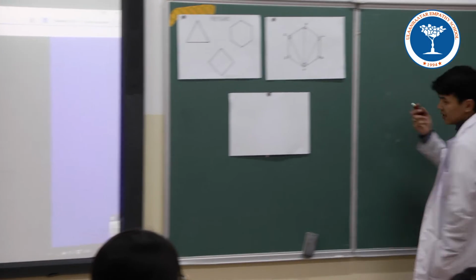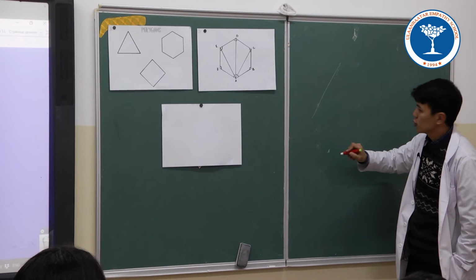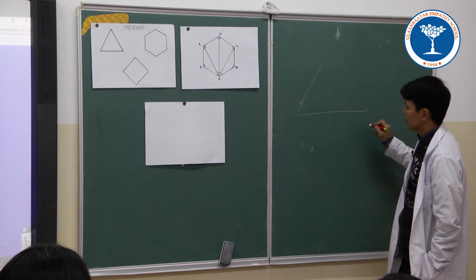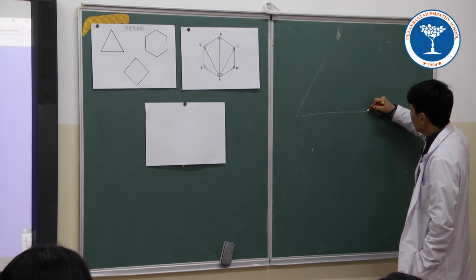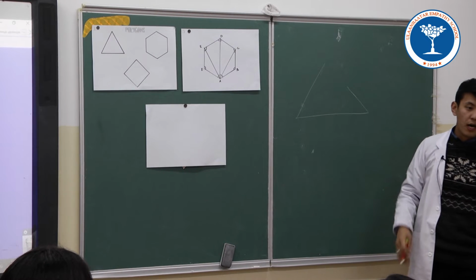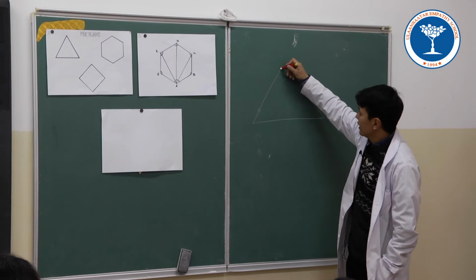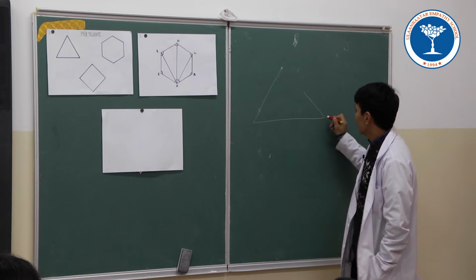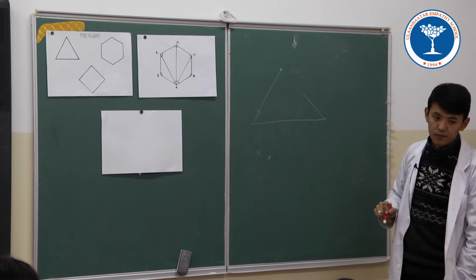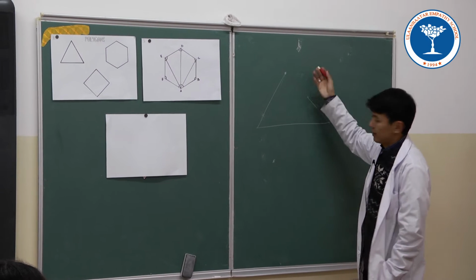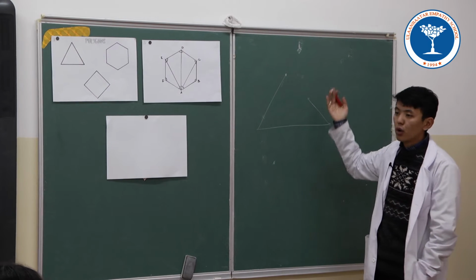For example, what is not a polygon? We have this one straight line, a second straight line, and a third straight line. Is this a polygon? No, it's not a polygon because the circuit is not closed. Understand? It is open. It's just broken lines.